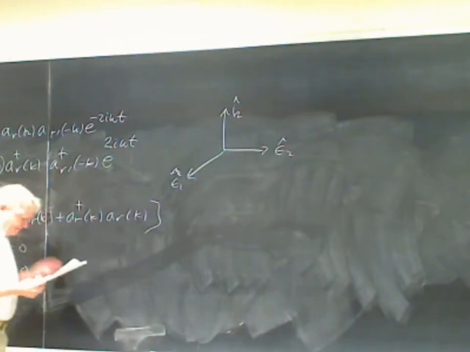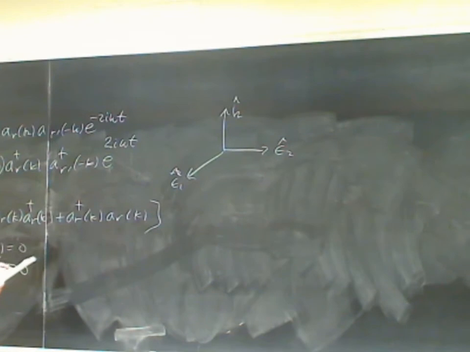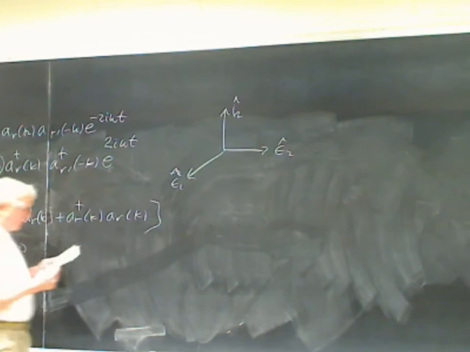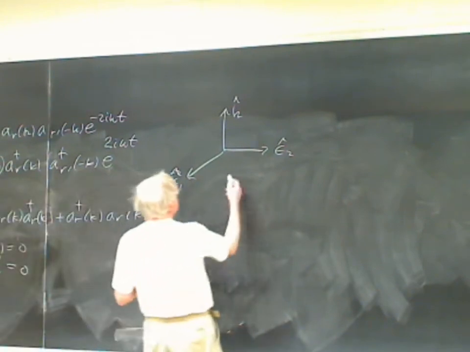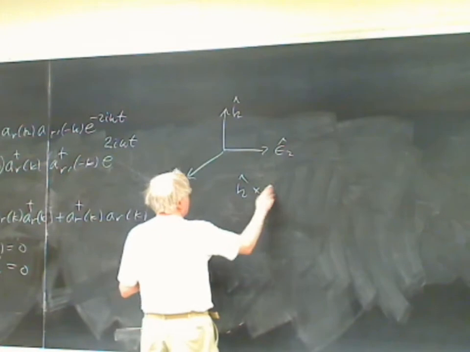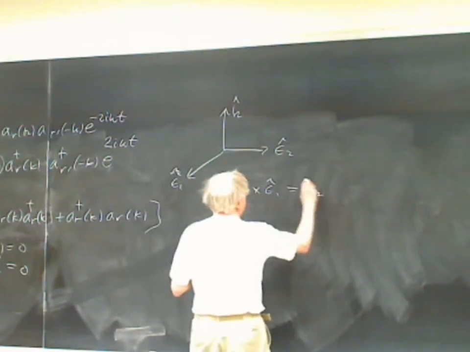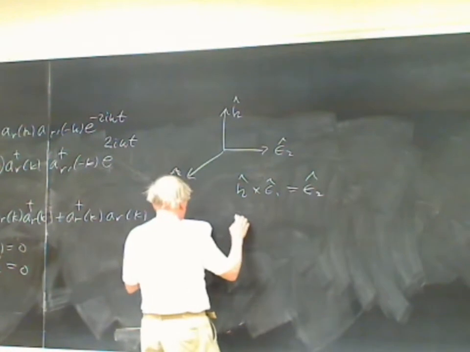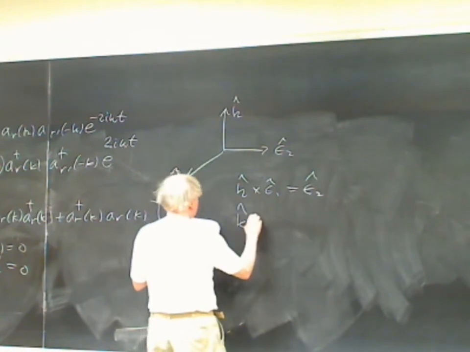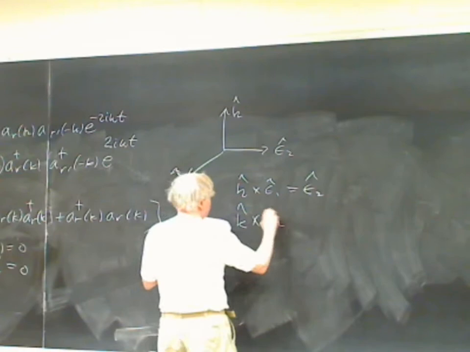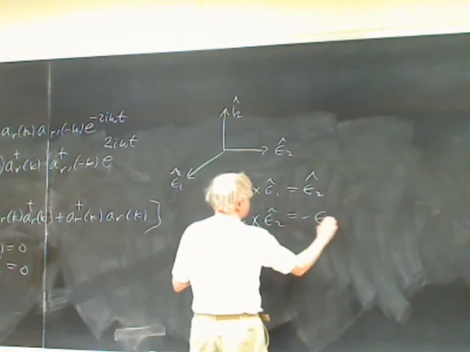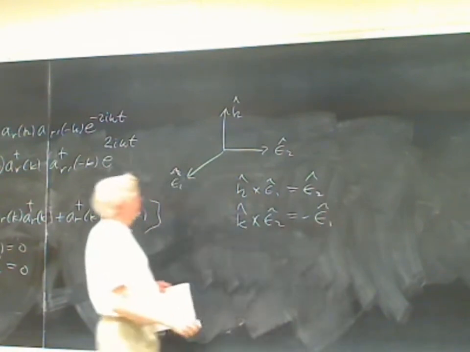So that's one way of choosing these. You don't have to choose them that way, but that is one way. And if you do choose them this way, you notice that k hat cross epsilon 1 hat is equal to epsilon 2 hat, and that k hat cross epsilon 2 is equal to minus epsilon 1.